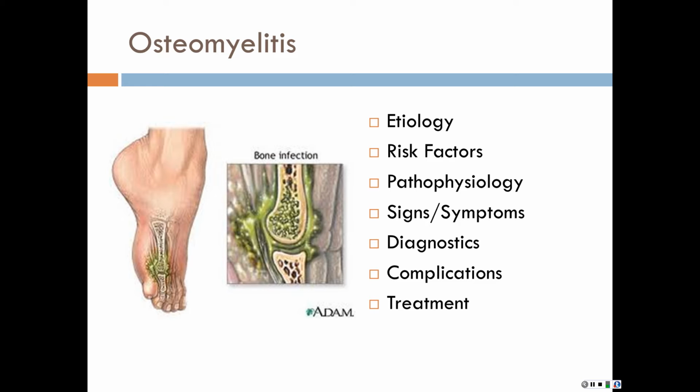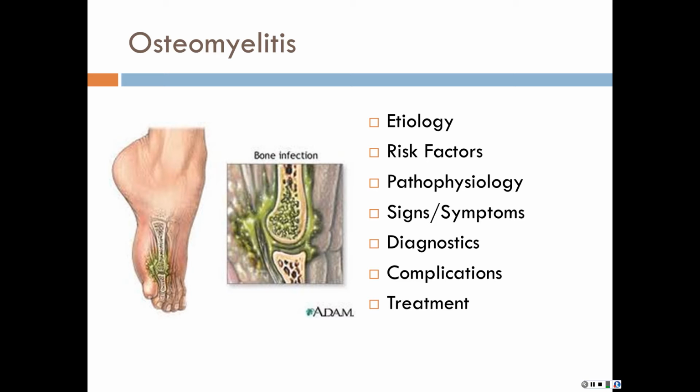The bones generally affected in hematogenous osteomyelitis are mostly bones that are rich in red bone marrow. So think about your long bones in kids, like your femur, your proximal tibia, your humerus and radius.